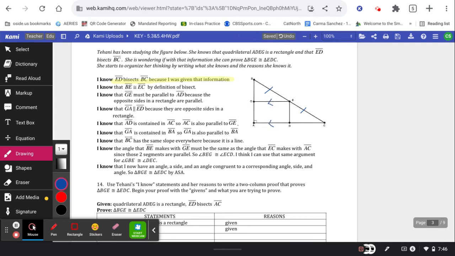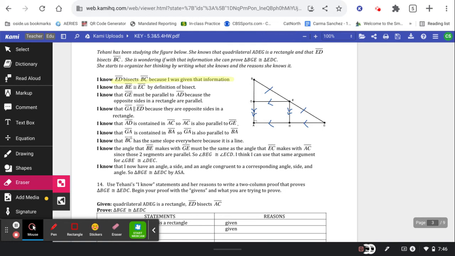GA and ED, so let's mark that. Parallel. AD is contained in AC, so AC is also parallel. So this whole thing right here is parallel to this because it's contained within. GA is contained, so it's also parallel.